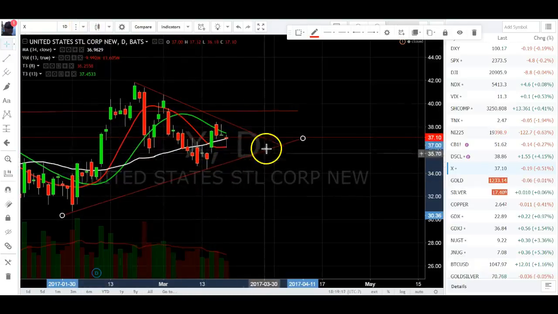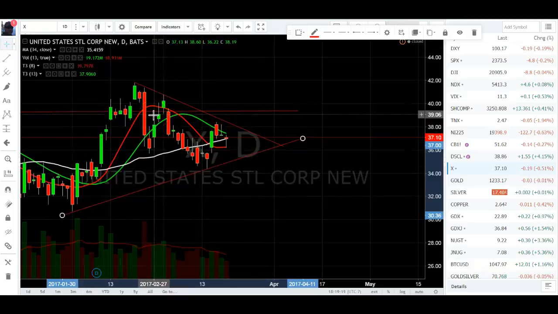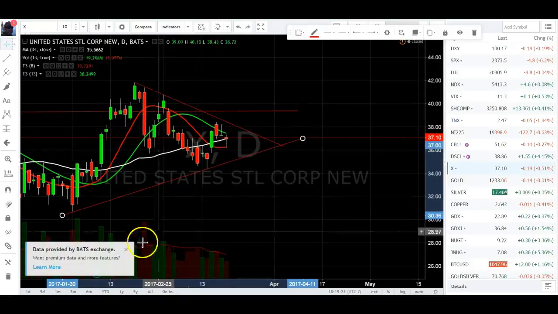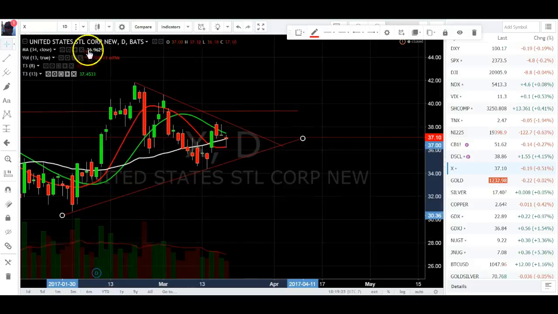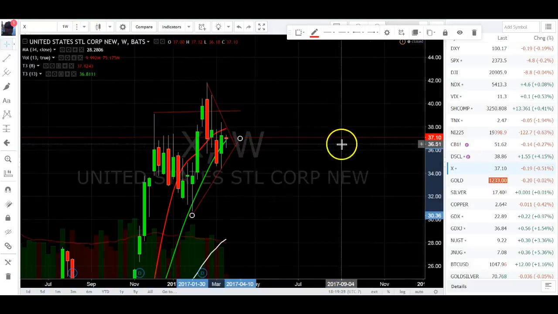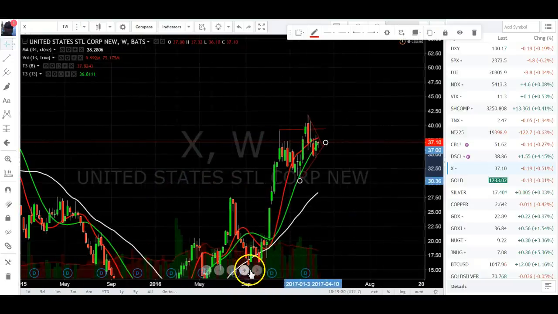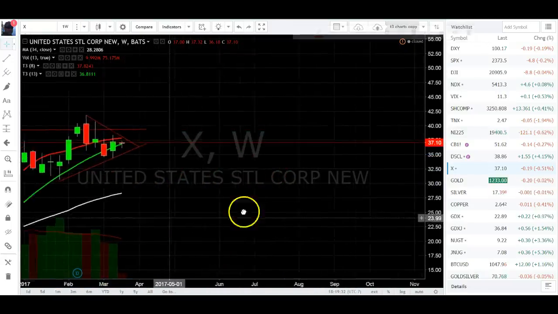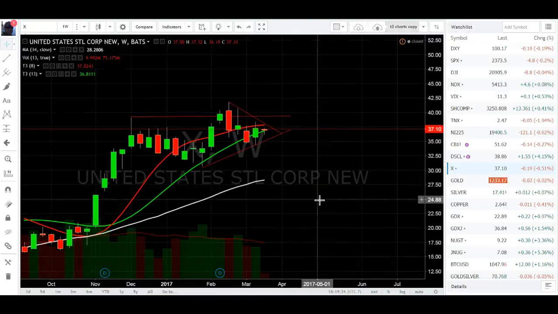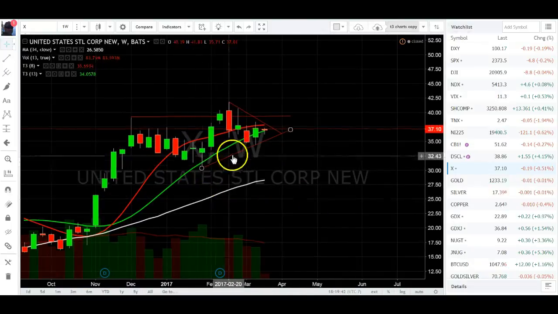Price is in the pinch. Bounced right off of support today. For the week, looks like it's barely just holding support. Thin line coming through on the downside.